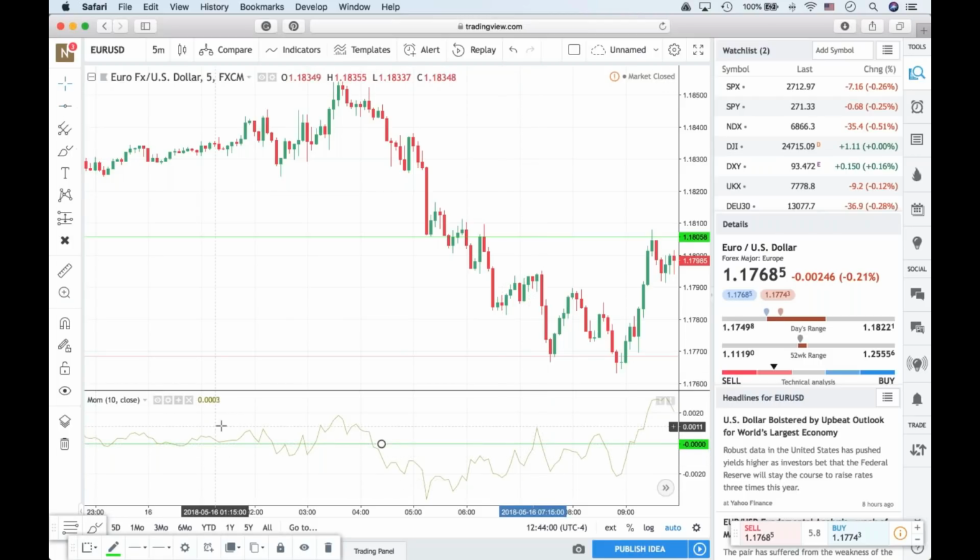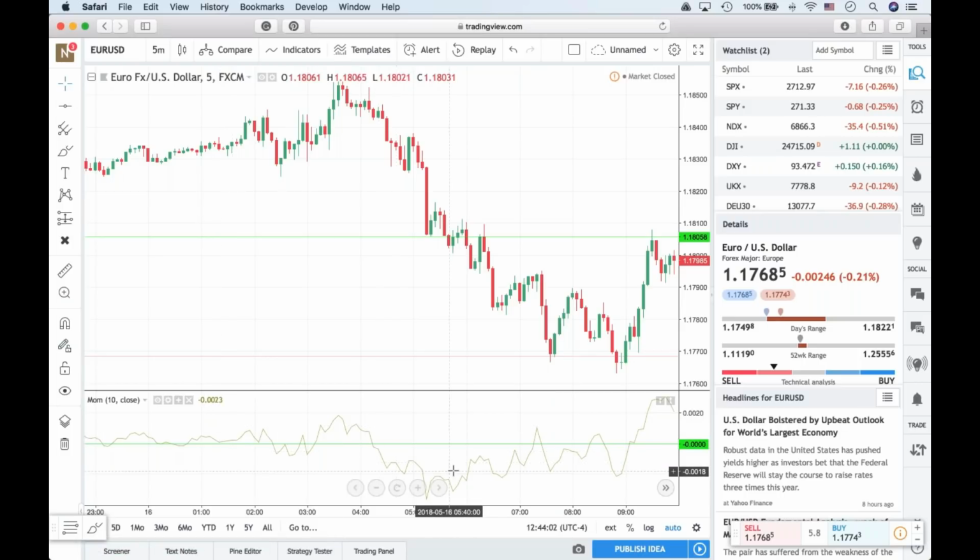Anything that is below the level tells us that it's had slow momentum, not really happening so much. But once the momentum crosses above the 0 line, it tells us that, okay, things are going to start picking up. Okay, so you might want to be ready. That's basically what it's going to tell you.